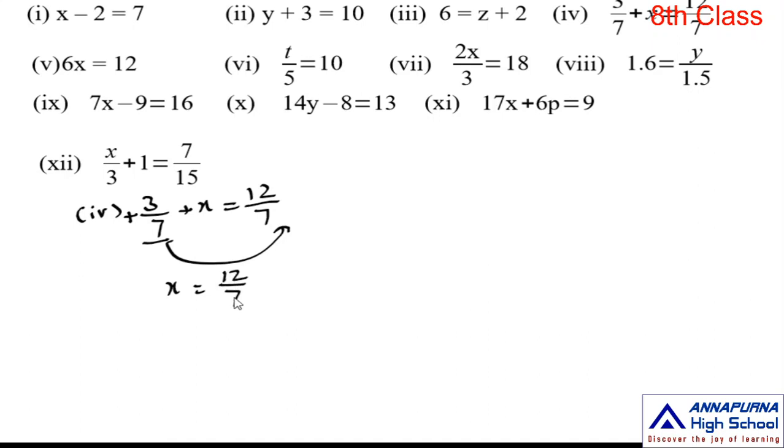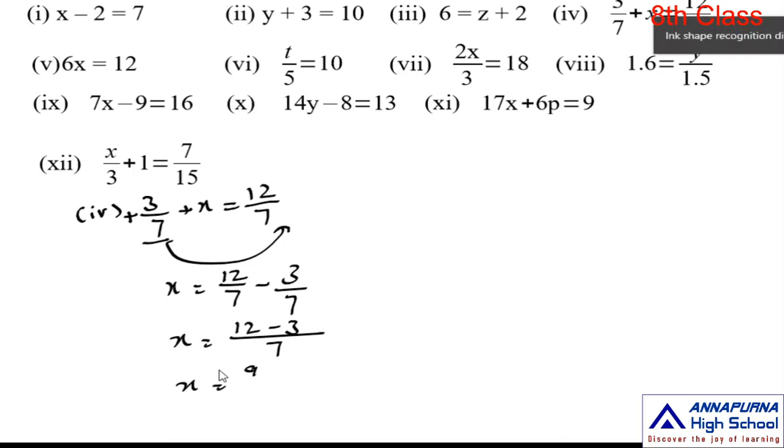Already on the right side we have 12 by 7 minus 3 by 7. So x is equal to, 7 is the common denominator and the numerator is 12 minus 3. So x is equal to 12 minus 3 by 7. 12 minus 3 is equal to 9 by 7. Okay, so this is the fourth one.